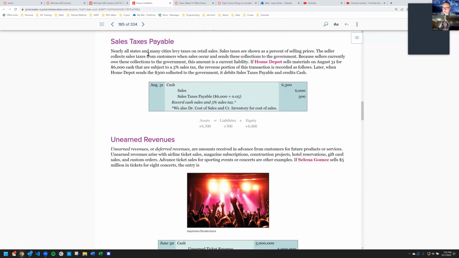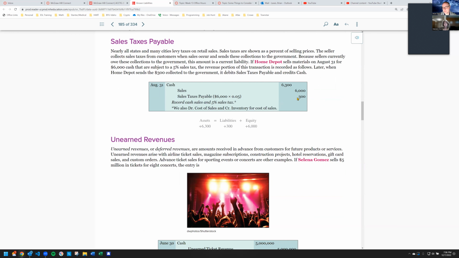Sales tax payable. We all pay sales tax when we go to the grocery store or gas station or whatnot. Companies collect that and then they remit it to various governments. Could be state, could be local. And generally speaking, those will be broken out. So let's say it's a cash sale in this case, and it's a 5% sales tax, so it's 5% on 6,000.